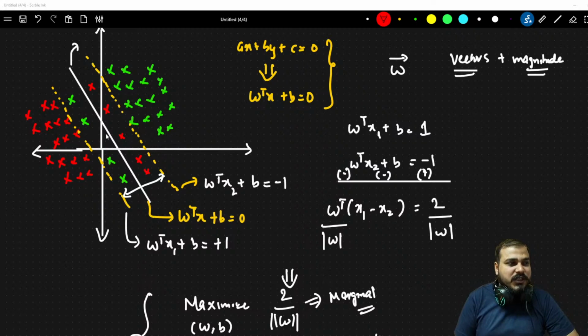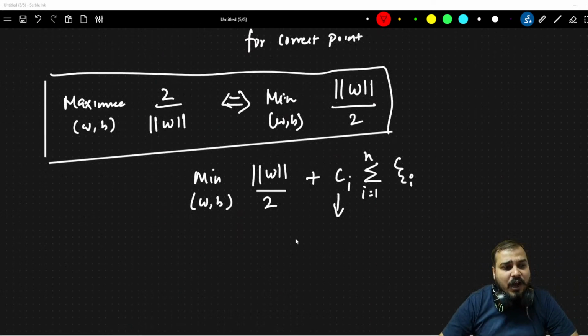Obviously, it is a wrong prediction if my points are somewhere here. Yes or no, everybody? Just tell me, is it a right prediction or an incorrect prediction? So this C value basically says how many errors we can have.